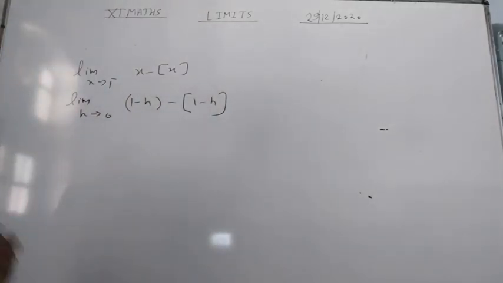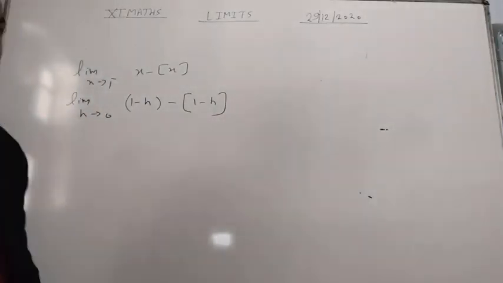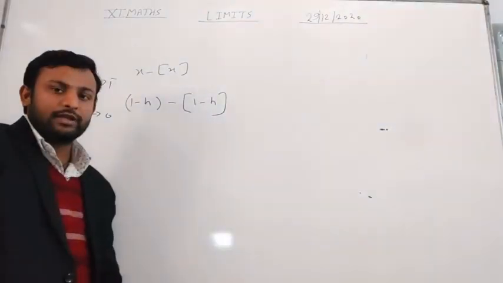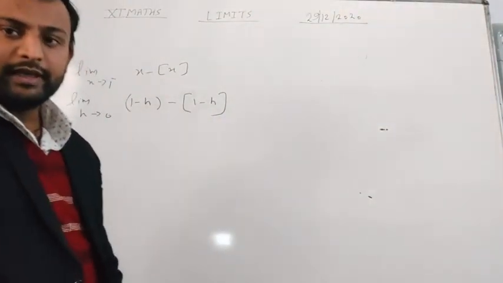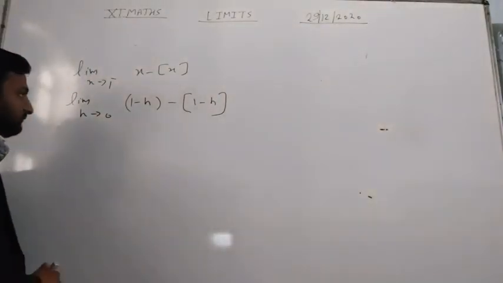Okay, student. Suppose this h is a very small quantity, so it will be 1 minus something like 0.2. So we get 0.8. So the integer will be what?